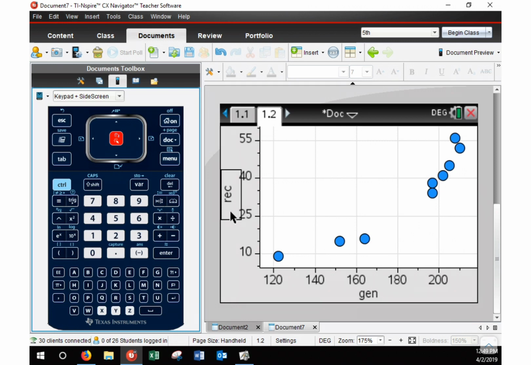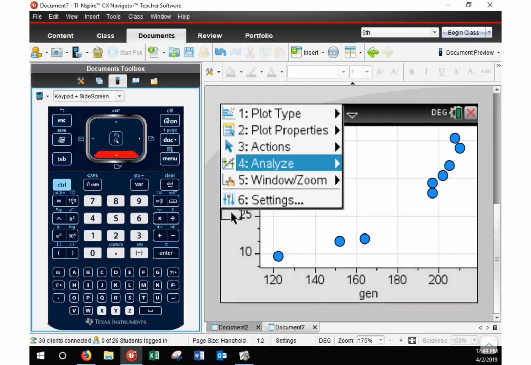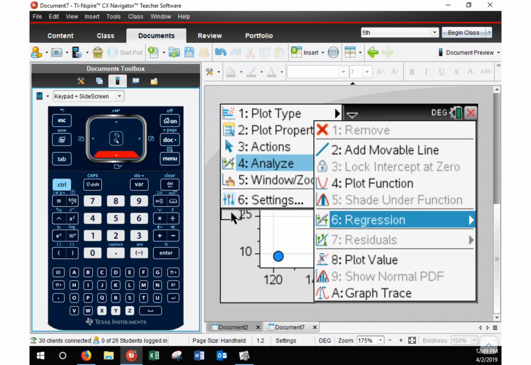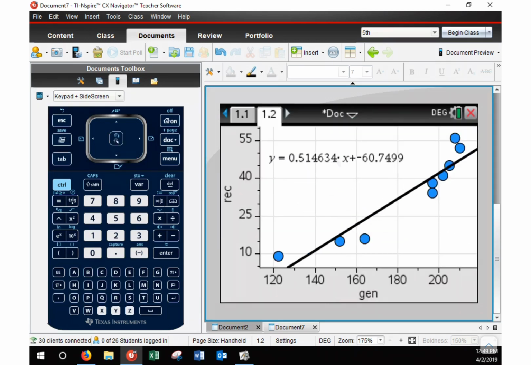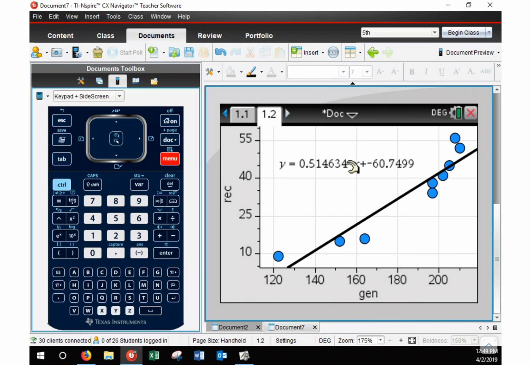Okay, so then we can hit Menu, Analyze, and we can go to Regression and show the linear. And we end up with an equation that looks something like that, which ours was pretty close to, wasn't it? We could also notice that there is kind of a curvature to it.